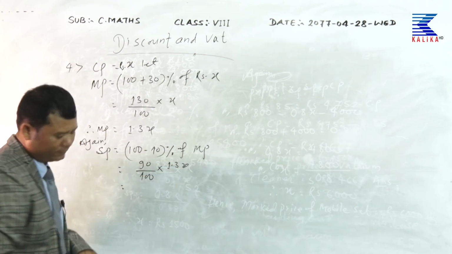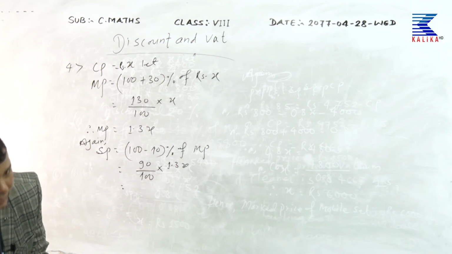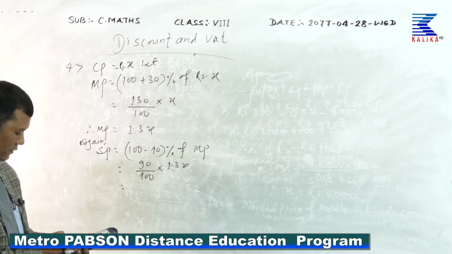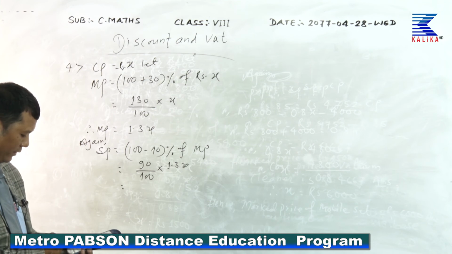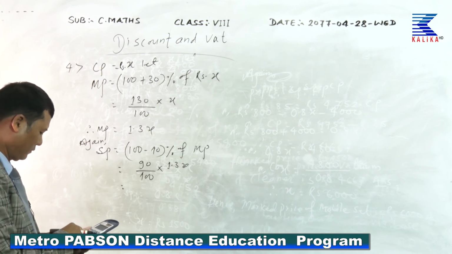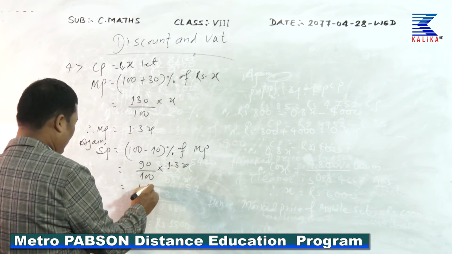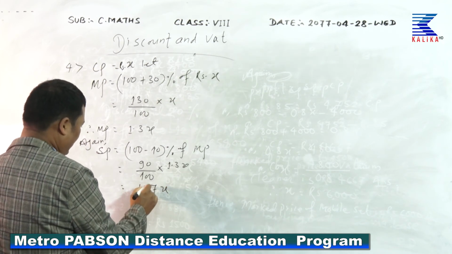Calculate 90 divided by 100 into 1.3. It is 1.17X.